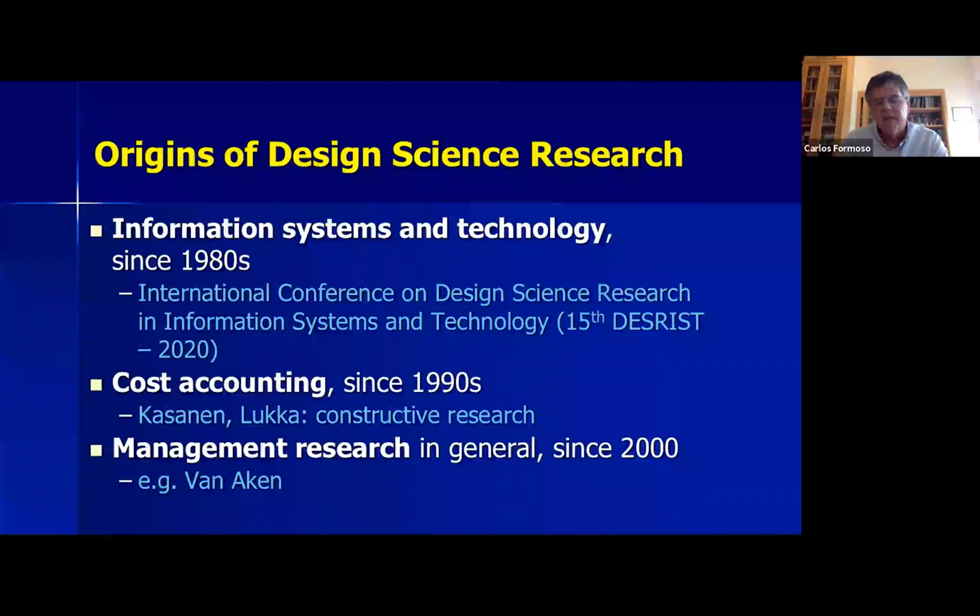The main reason is that many studies developed in the field of management have been criticized for not being relevant. So the strategy of adopting design science research is to make management research more relevant, more applicable to companies and organizations.